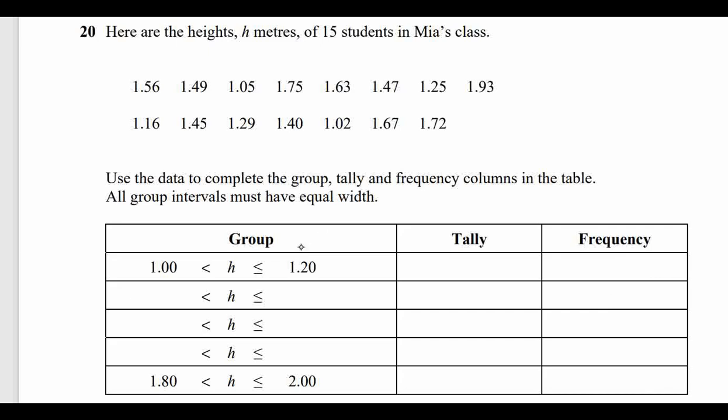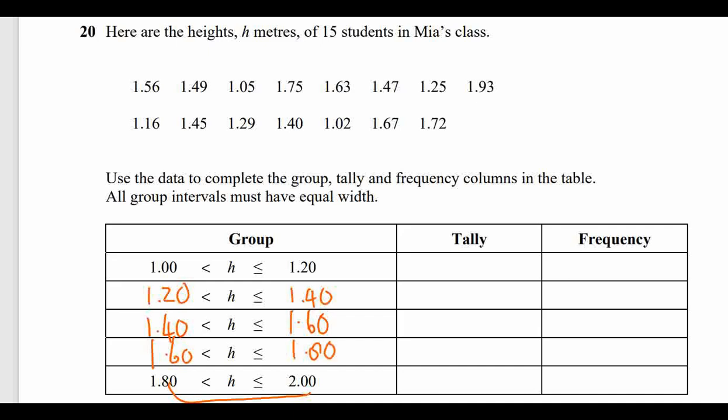It means the interval is 0.2. So this one, 1.8 to 2, is 0.2. So it starts with 1.2 here, and will end with 1.4, 1.6, 1.8.